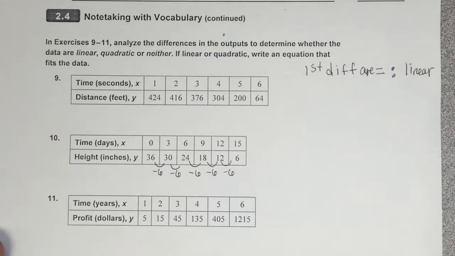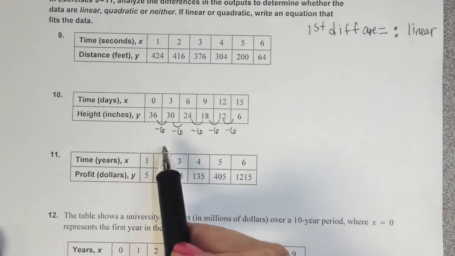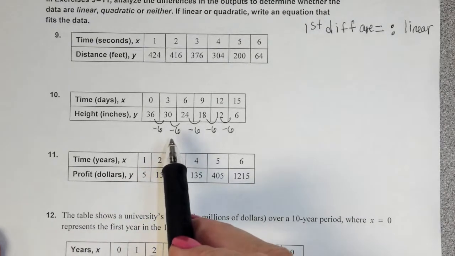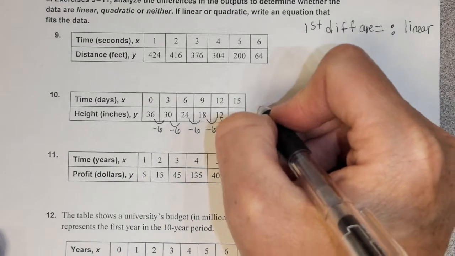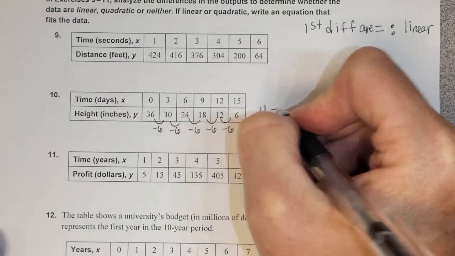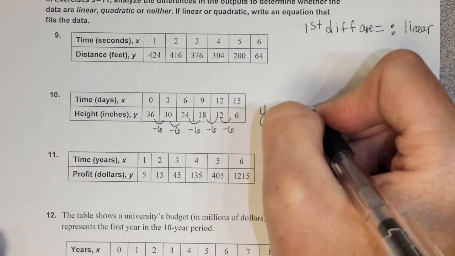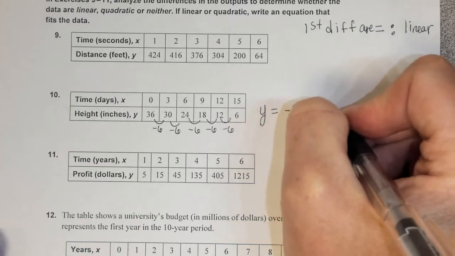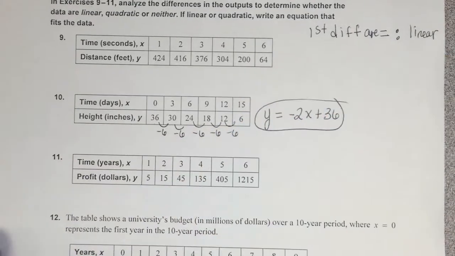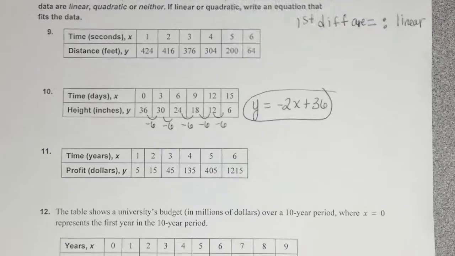You should already know that. Watch how quickly I can come up with this linear function. It would be y equals negative 2x plus 36. I want you to think about that for a minute. How did I get that?